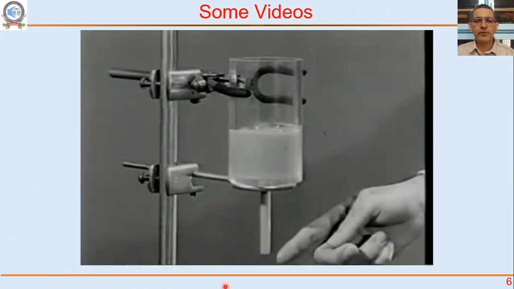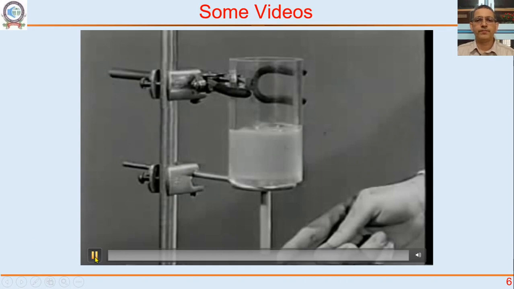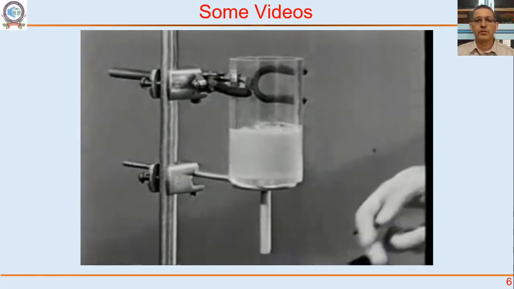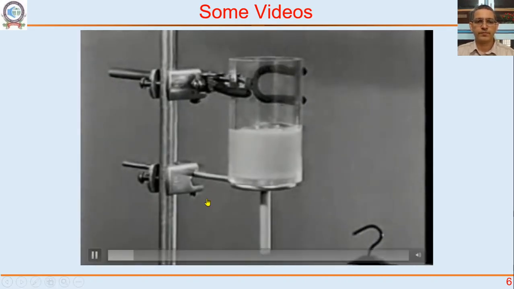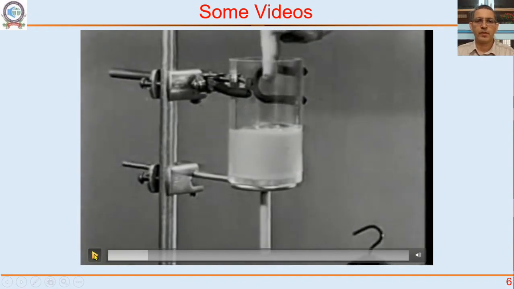Okay, just to give you some examples now, just to show you what some of these mean. So there is a beaker, it is open to atmosphere from the top, there is a tube at the bottom, and this is a Bingham plastic fluid. Now we see what happens.